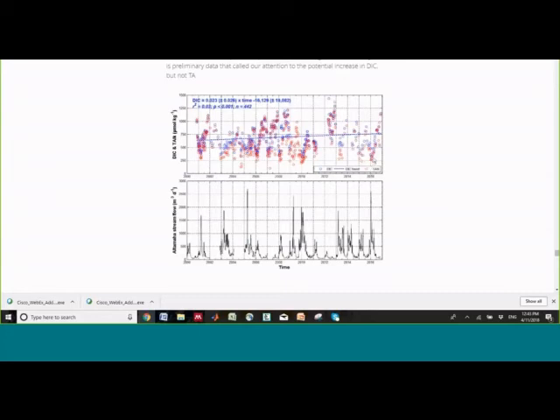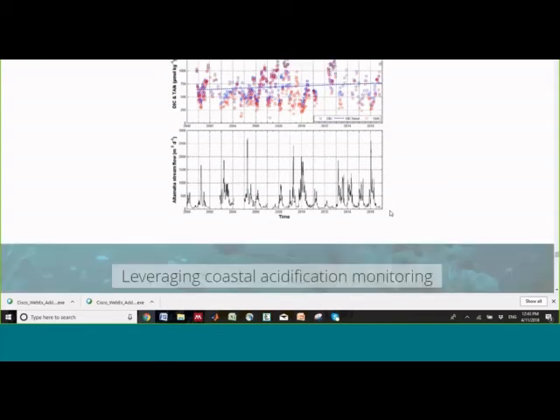The concentration of DIC and alkalinity actually decreases, and again, that's because it's an effect of just the dilution properties. But when you look at the flux to the coastal zone, the flux actually increases with increased river stream flow. So even if you have a low concentration of DIC and TA, because you have a very high river stream flow, there's going to be a large amount of DIC and TA that actually is delivered to the coastal zone.